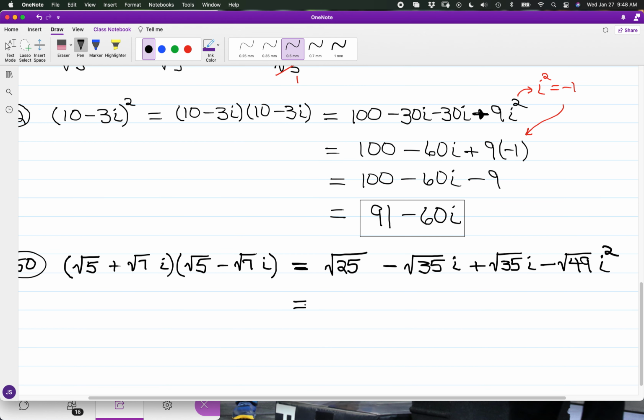For what we have on display, the square root of 25 goes to 5. And the negative and positive square root of 35i terms will cancel out. And we have minus the square root of 49, which goes to 7, and once again i squared is equal to negative 1.